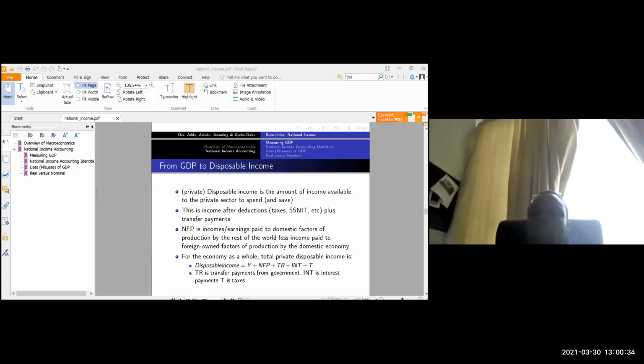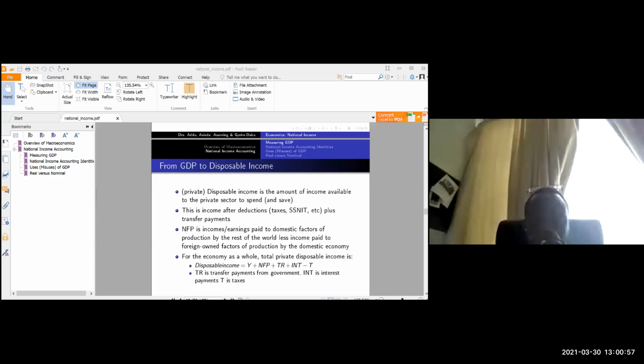Even at the individual level, your disposable income will be your income minus your taxes. But here, there are other sources of additional income. So keep that in mind: NFP plus TR plus interest payment minus taxes.